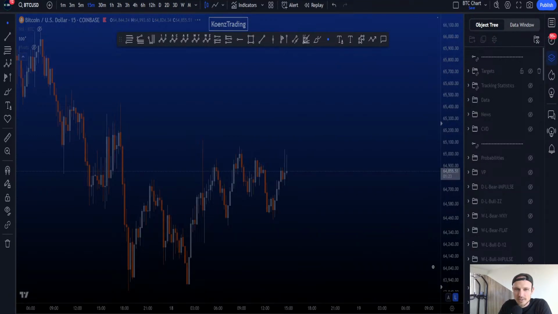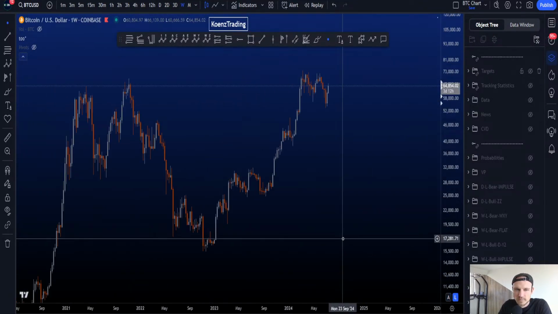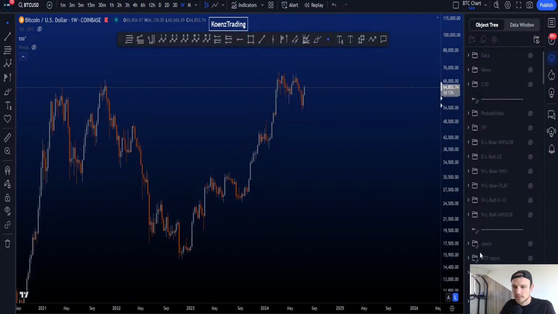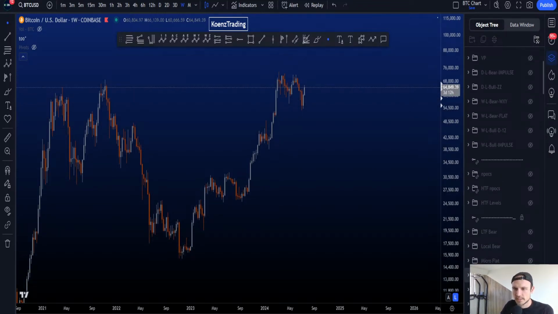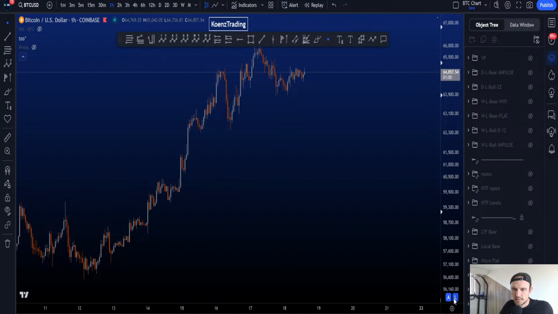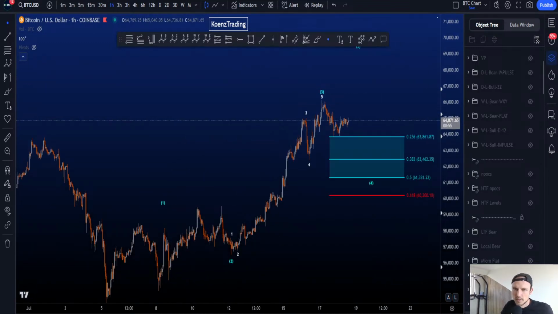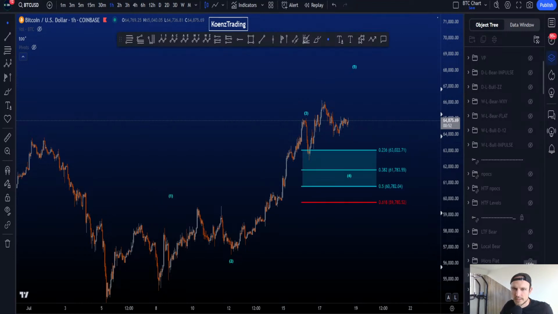Okay, so let's get this started. We will go to the 1 hour time frame max. I'm not really interested in counting the 15-minute. Let me organize my folder here. Of course, we're still looking for the same thing.